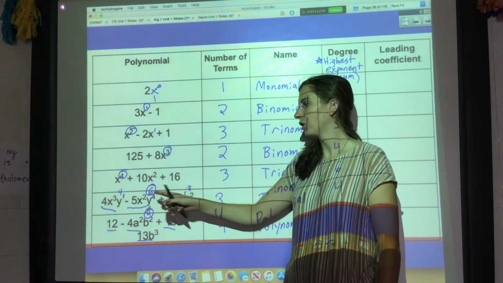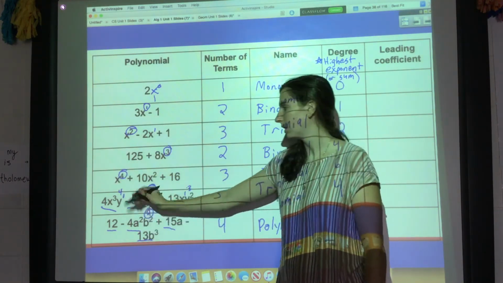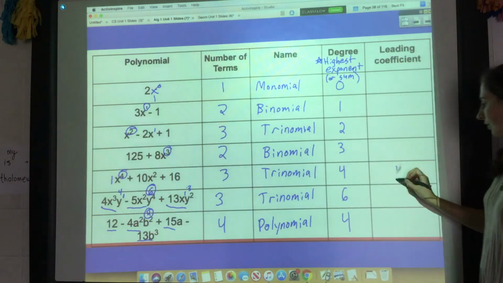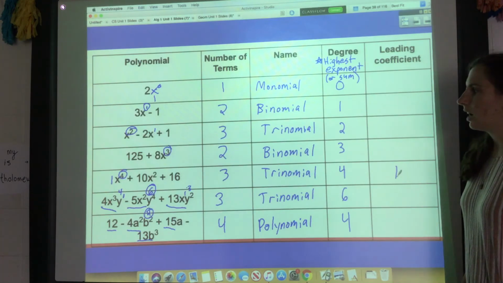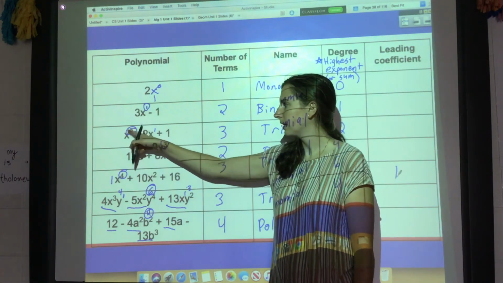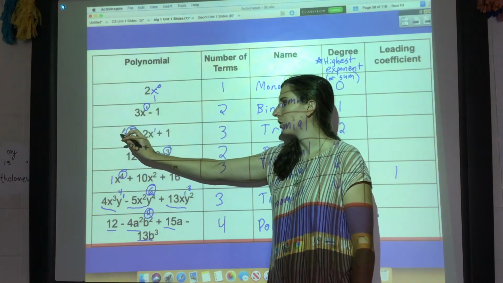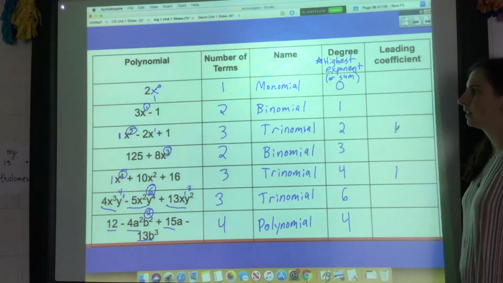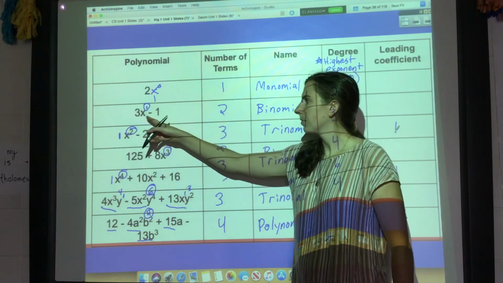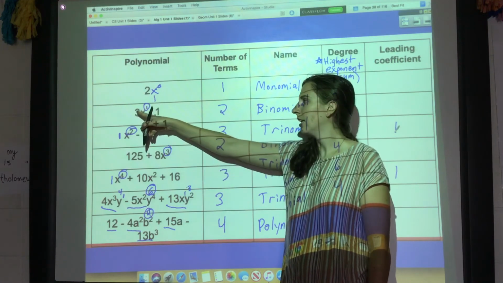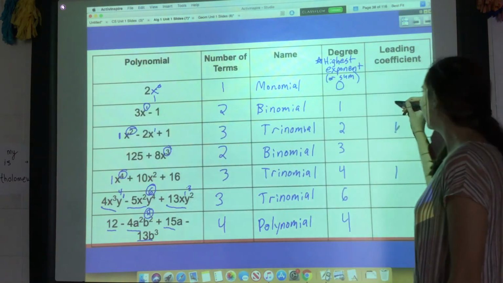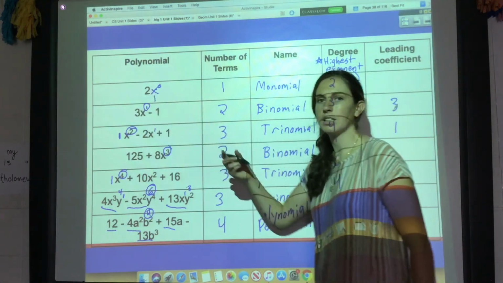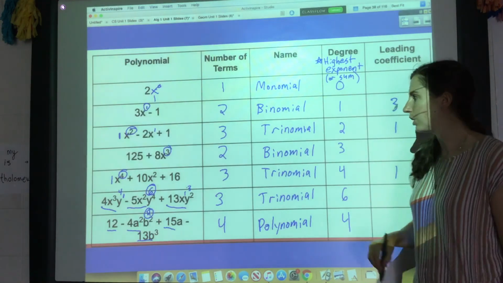So the leading coefficient on this one is the number in front, which is a 1, it's just not written. So the leading coefficient for that one is a 1. Same thing here. That's my highest exponent, so the number in front is the leading coefficient, a 1. On this one, this was my highest exponent, the number in front was a 3, so that is the coefficient for that one. This one was actually just a constant, so I'm not going to list any leading coefficient.